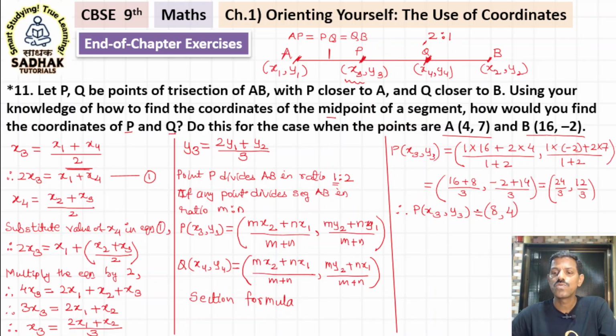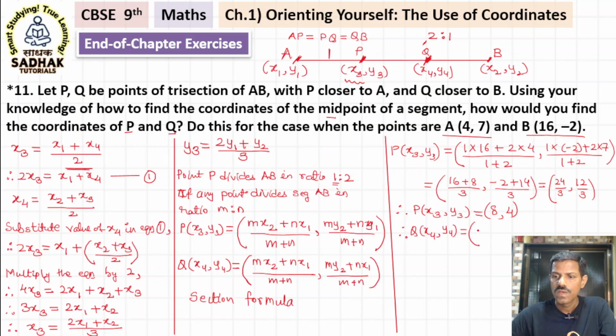So these are the coordinates of point P. Same way we can find the coordinates of point Q. So point Q, that is x4, y4. Same formula we will use.